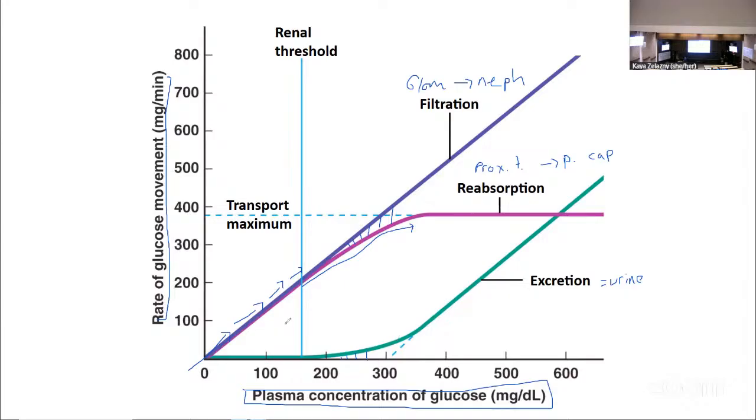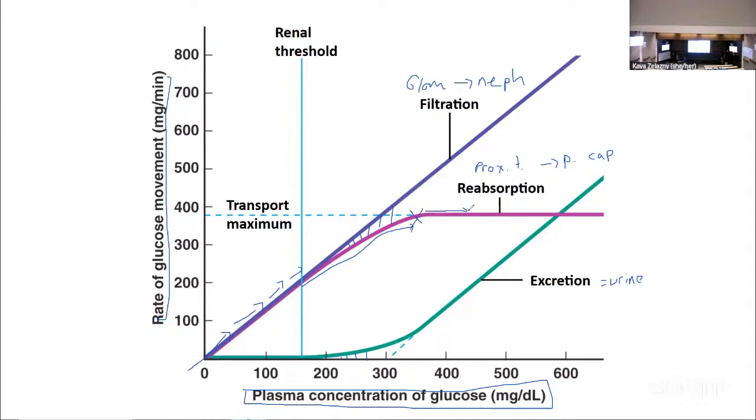Okay. So we can see that at the renal threshold, this true, observed renal threshold, is when we start to see that happening. And when we hit the transport maximum, which is that maximum amount of glucose that the carriers in the proximal tubule can move, this is where we see a total plateau.